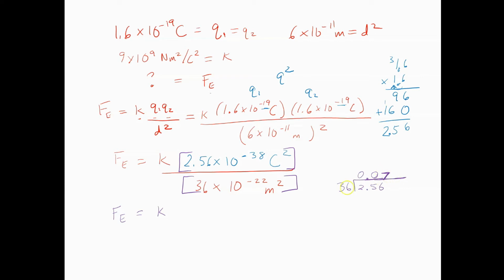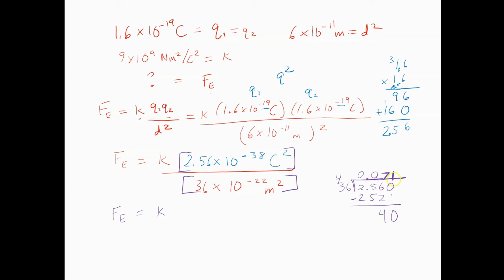Give it a whirl. 7 times 6, 42. 7 times 3, 21 plus 4, 25. And we're dividing, so our companion is subtraction. 256 minus 252 is 4. And 0, bring that 0 here. 36 will go in 40 one time.